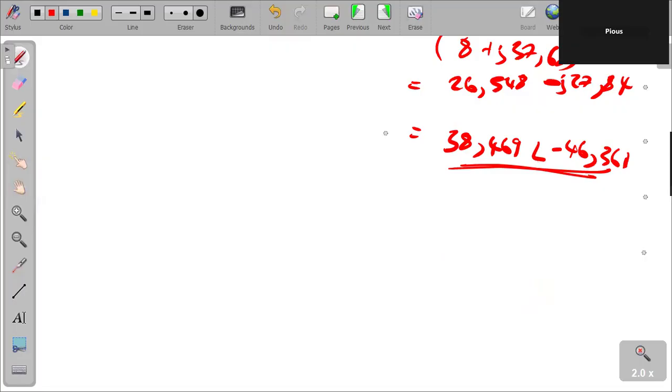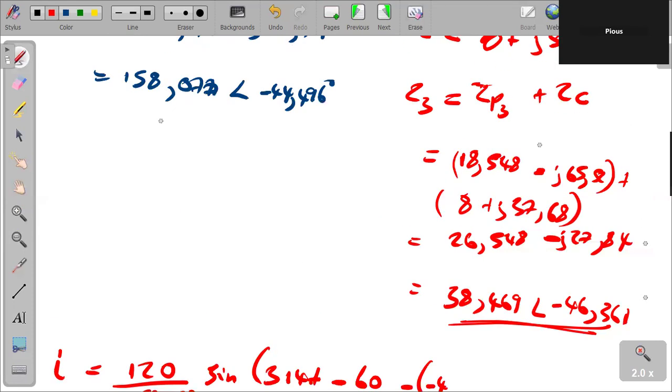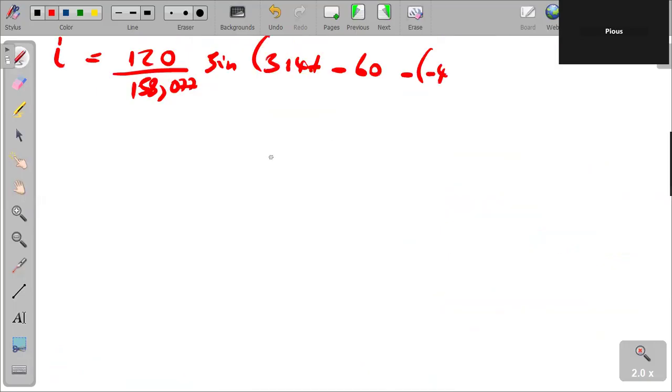Right, having done that, it means we have Z3, we now have Z1. With that, we can now create the expression for current. It's going to be equal to 120, our E1, divided by Z1, which we got as 158.077 sine omega t, 314t, minus the phase angle that we got for our impedance there, that's negative 44.96.